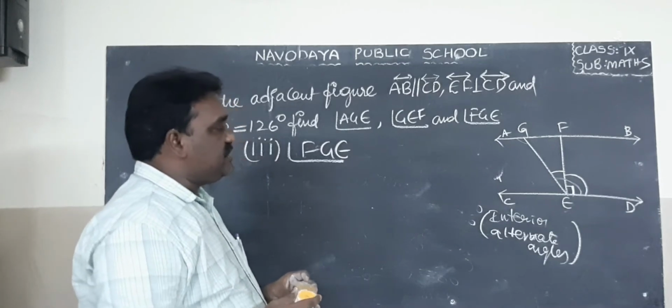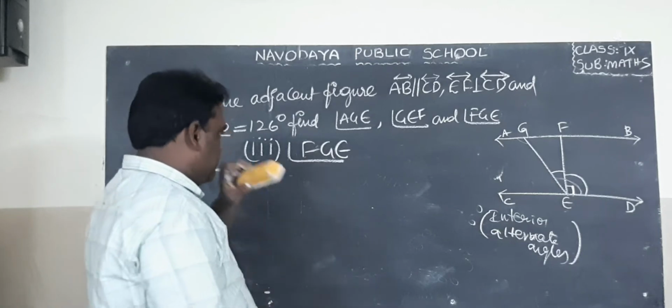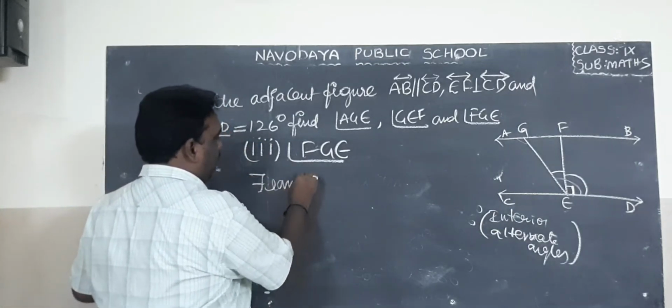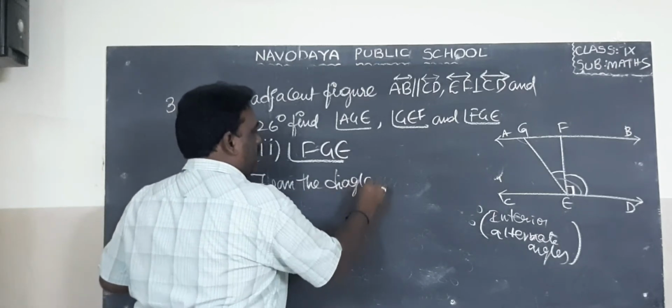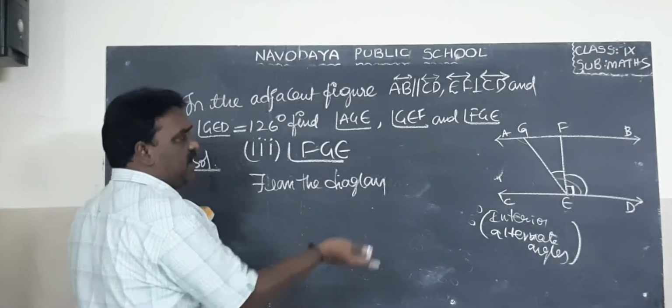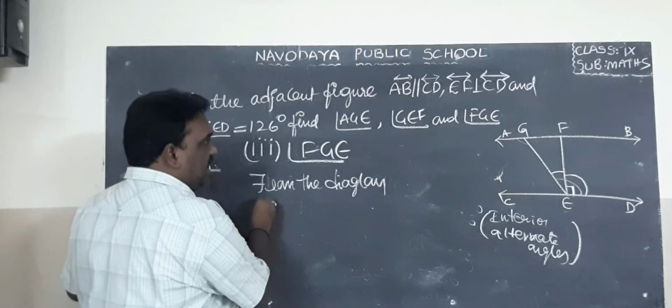Angle FGE. So from the diagram, you know AB parallel to CD, write the reason, you know everything.